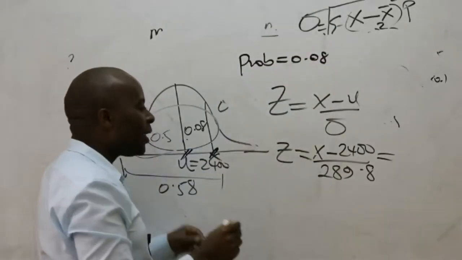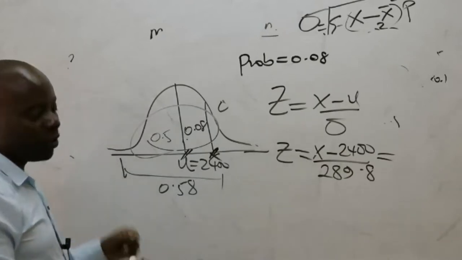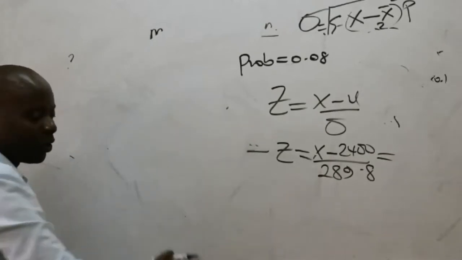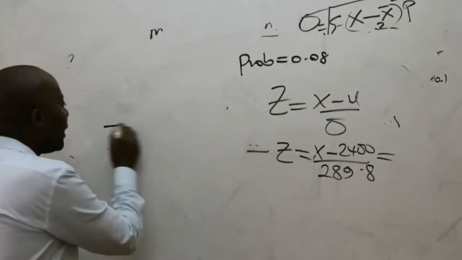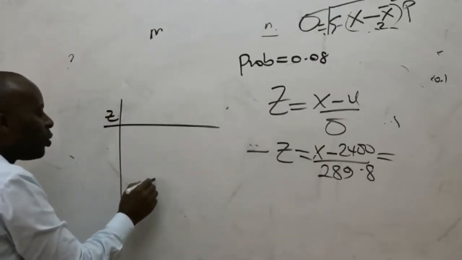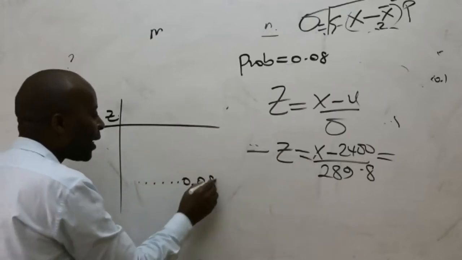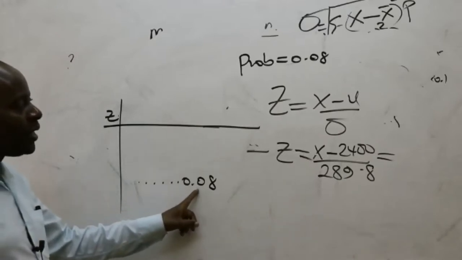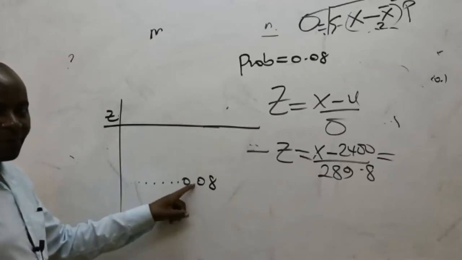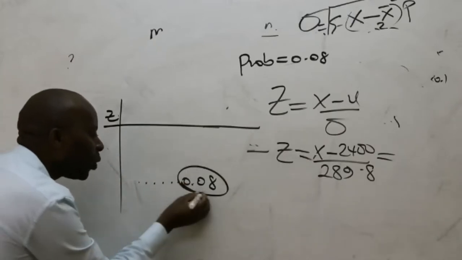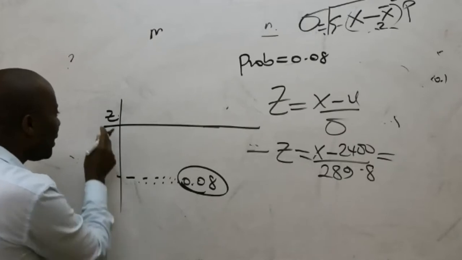So go inside your normal tables and look for 0.08. We have here the Z score. I don't know whether you have something you can project to them. If you're keen, the moment you see something quite close to this, you need to read the Z which is here.